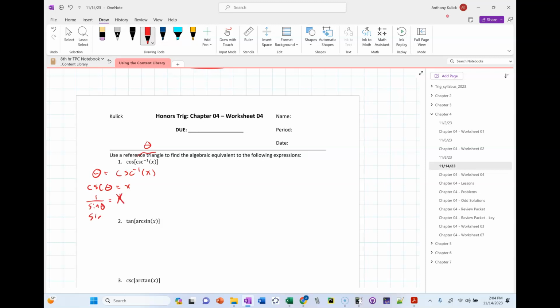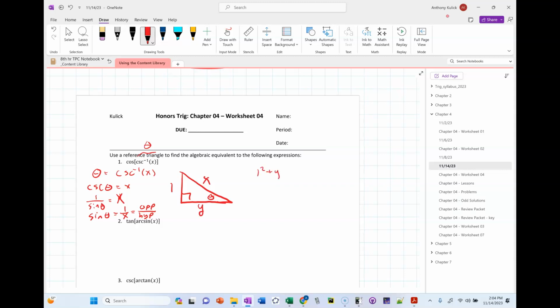So if I want to get just sine, I can flip both sides. And in a right triangle, what is sine? Opposite over hypotenuse. So draw my picture here. There's my theta. The opposite is 1. Hypotenuse is x.